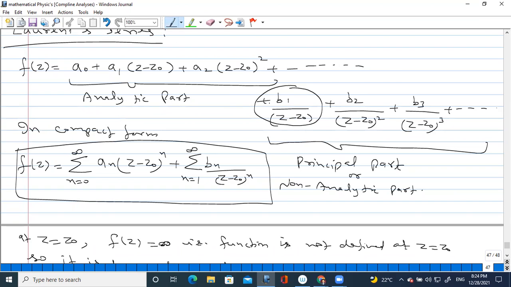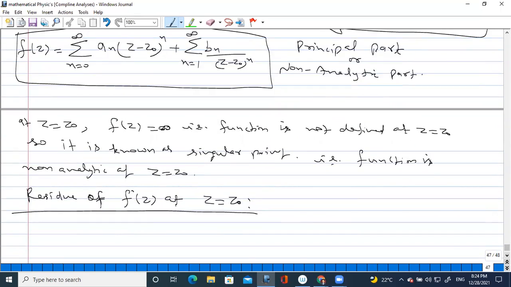In that Laurent series, the coefficient of 1 upon (z minus z0) is the residue. That's it. That means the first term of the principal part will give you the residue. We will do so many examples of that, then you can understand. So directly you can write the definition in the Laurent series.